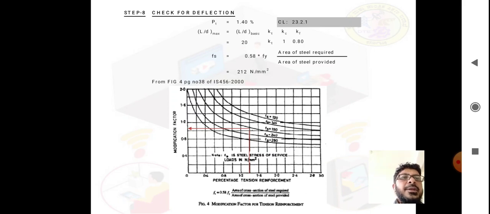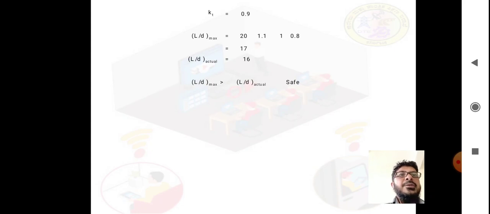That is not there, but the curve that gives the nearest value will be picked, or interpolation also can be done. So for 1.4% and 212, we have found the Kt value, the reduction factor for tension reinforcement. So Kt value comes at 1.1.